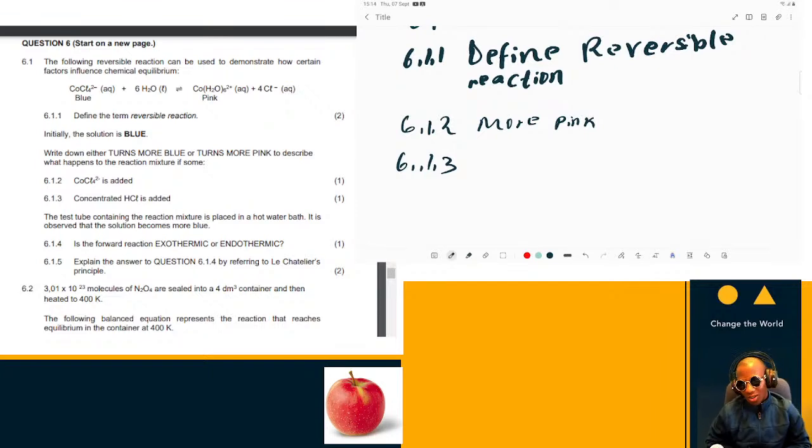Tetrachlorocobaltate ions form a blue solution, especially when reacting with hydrochloric acid, so the solution will be more blue, because we are adding hydrochloric acid on the reactant side, promoting the reverse reaction. So now we'll have more blue solution.